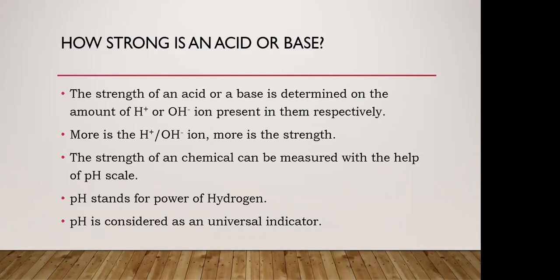Now this pH indicator can be available in liquid form also, or it can be coated on paper and turned into pH paper. Like how you have seen previously, litmus is available in liquid form also. Litmus solution can be coated on any paper and we turn it into litmus paper.